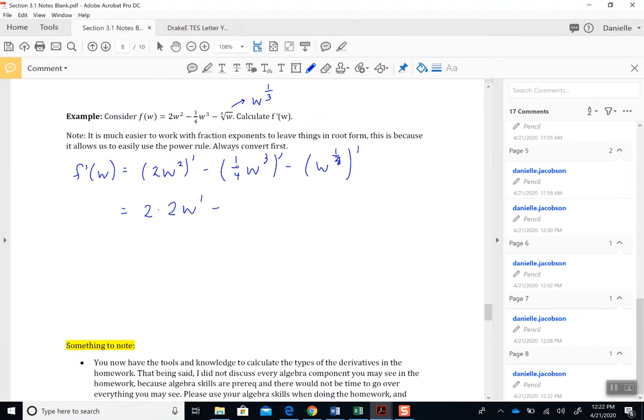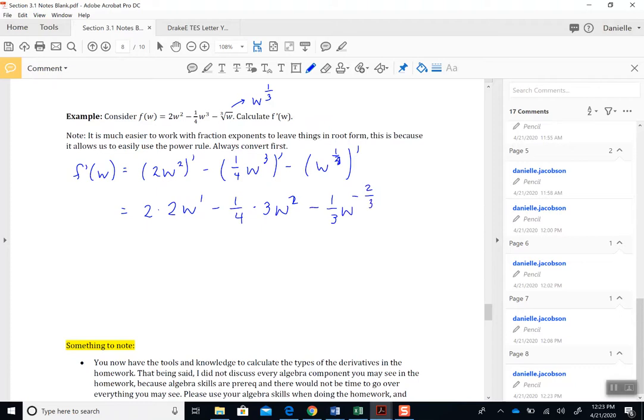Minus 1/4 is a constant multiple, I can keep that here, times, I can drop the 3 down because, again, I can use the power rule, so I have 3 times w to the 3 minus 1, which is 2, my bad. Minus, and now I need to take the derivative of w to the 1/3, so that would be 1/3 w to, 1/3 minus 1 is negative 2/3.